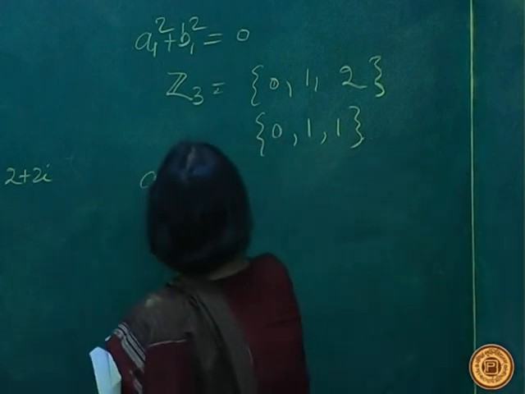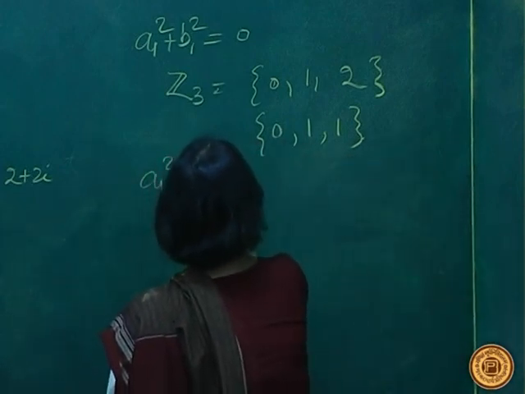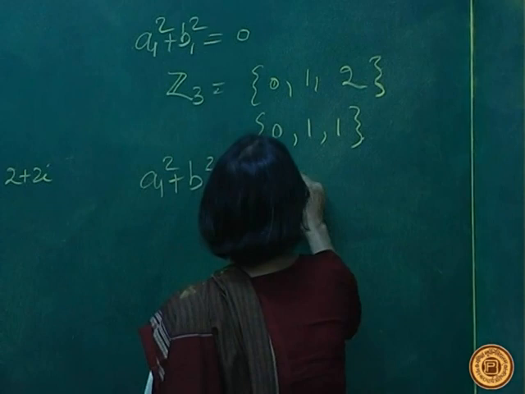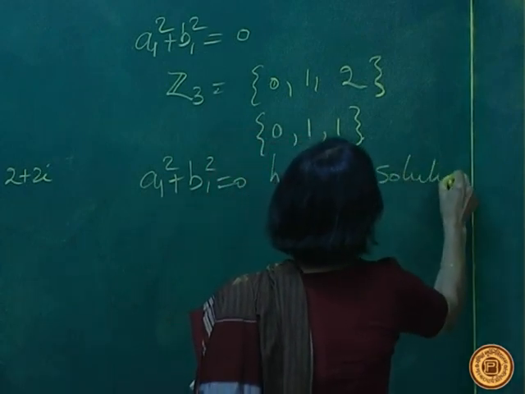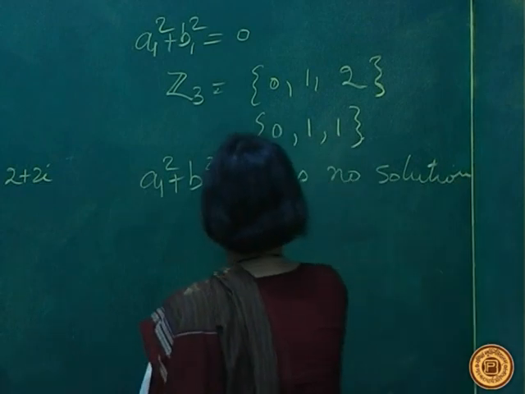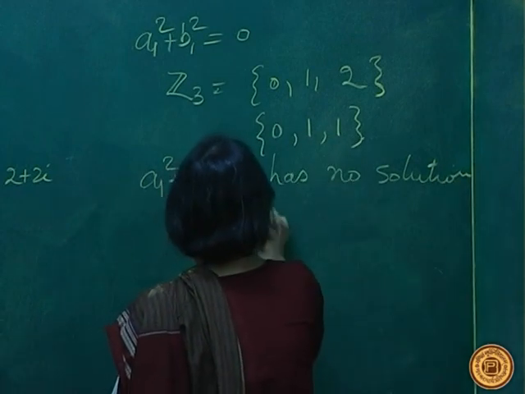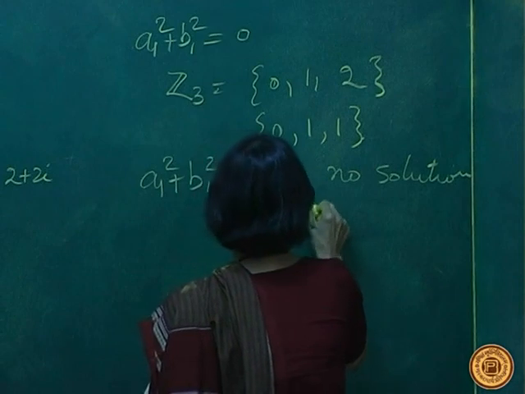So a1 square plus b1 square equal to 0 has no solution which is not equal to 0, 0.